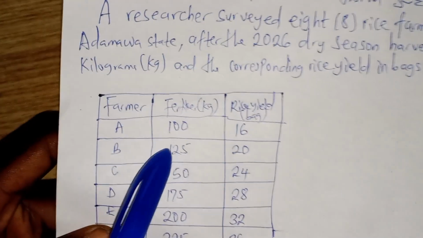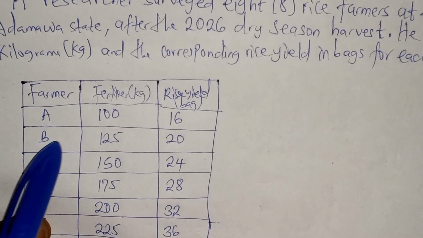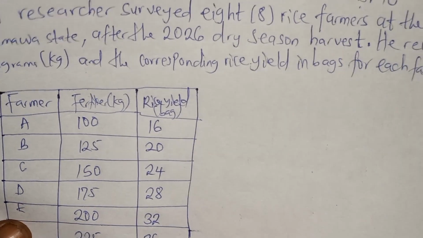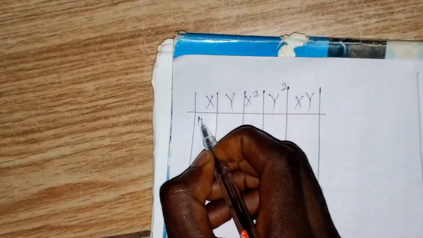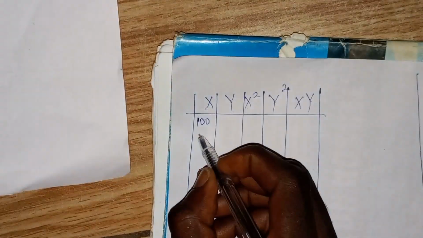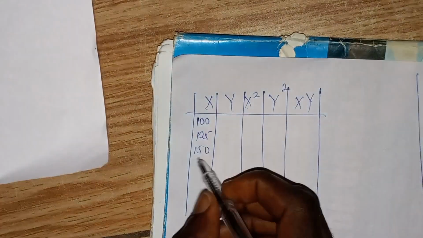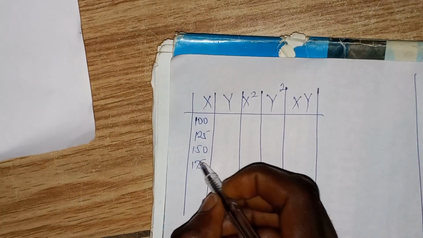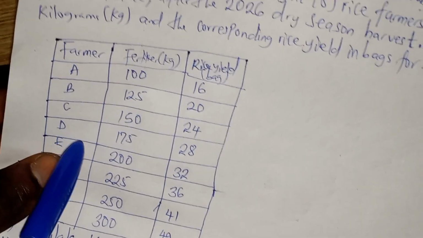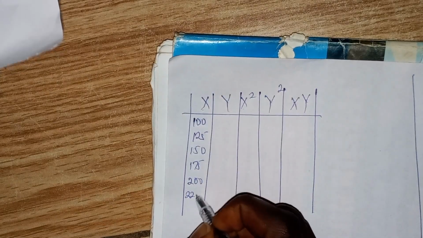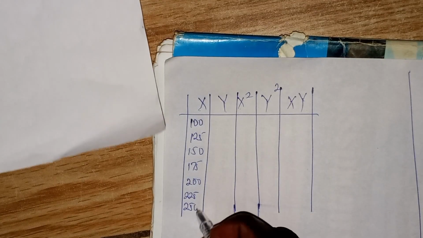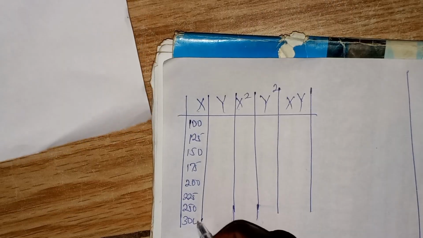So our x is 100, 125, 150, 175, 200, 225, 250, and 300.